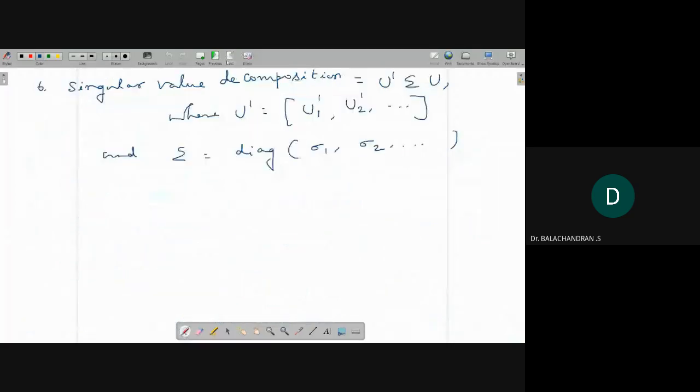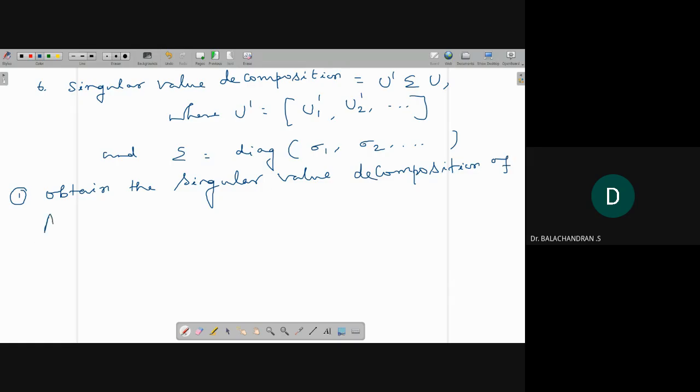Now I'll directly go to the problem. First problem. Obtain the singular value decomposition of the matrix A equal to 2, 1, 1, 1, 1, minus 1.